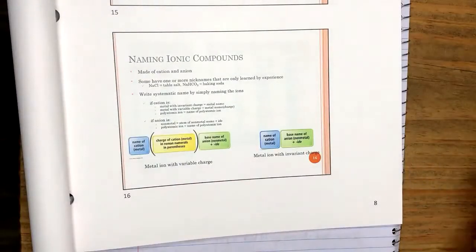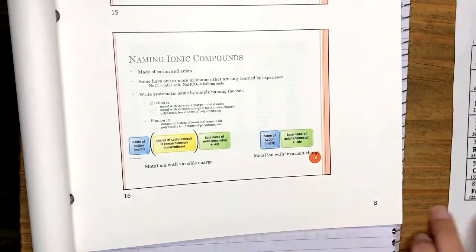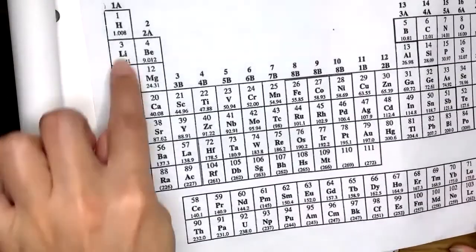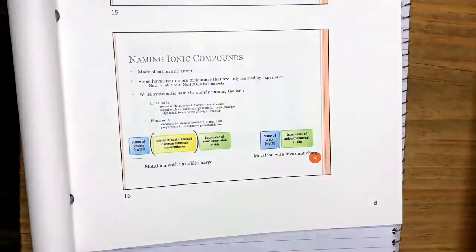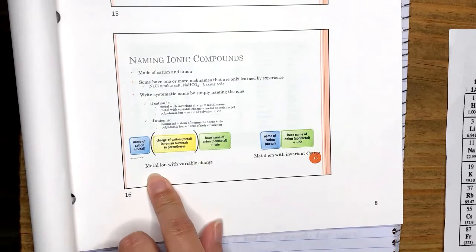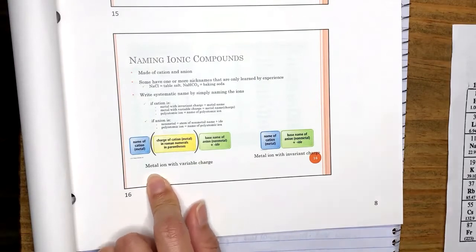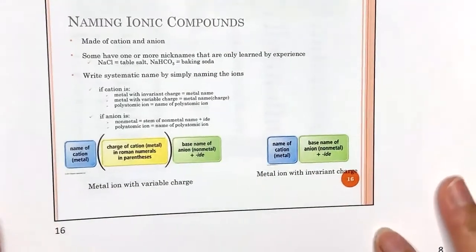So over here it says metal with invariant charge. That's the one we were talking about where the metal ions are fixed charges. So like these guys here. Okay, and that guy. There's one way to name them. And then if it was variable charges, there's another way to name them. They're actually quite similar. So let's talk about how they're similar, okay?